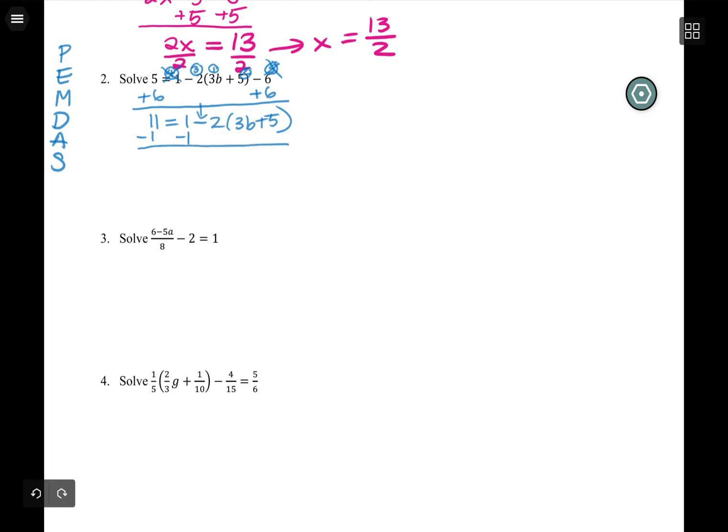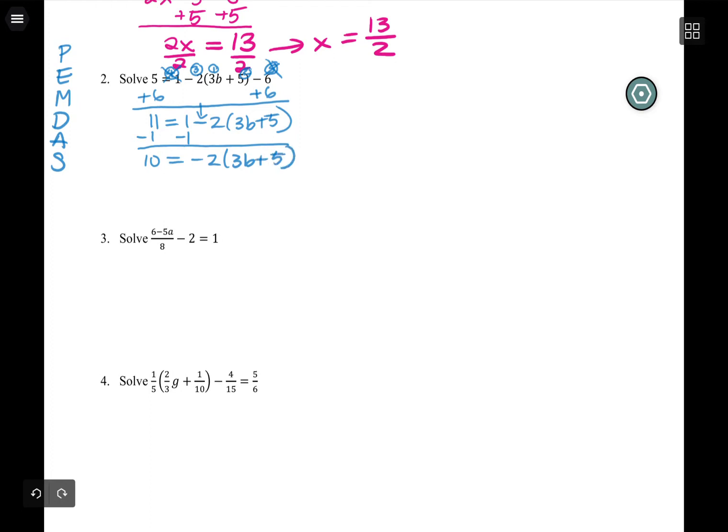So there is a subtraction, but remember subtraction always could be thought of as plus and the negative is attached to the 2, not the 1. So the 1 really is added to the negative 2 times 3b plus 5. Okay, so we get 10 equals negative 2 times 3b plus 5.